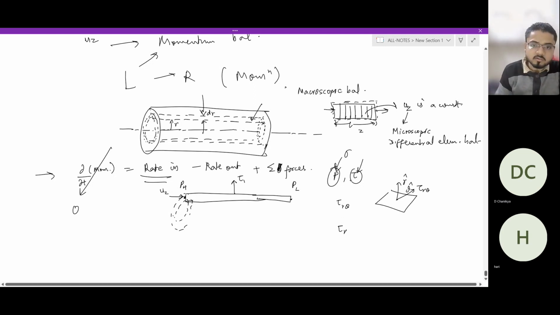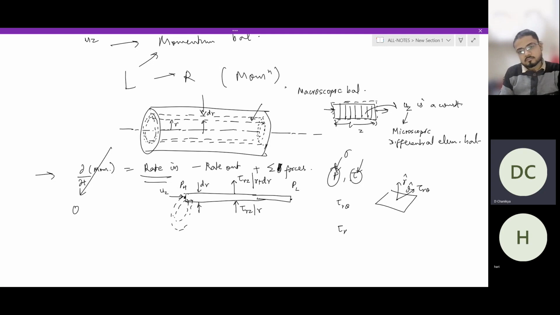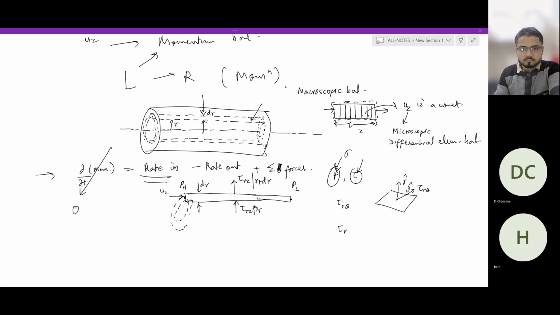You were able to accurately identify it. So we won't be discussing how we got here. This is tau rz at r, and this is tau rz at r plus dr, all right?